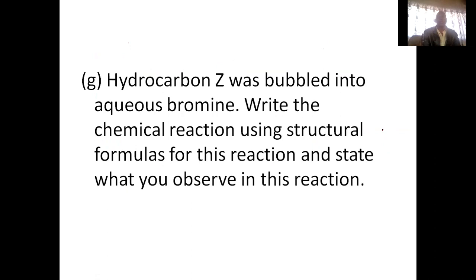So, number G, hydrocarbon Z was bubbled in aqueous bromine. Write the chemical reaction using structural formulas for the reaction and state what you observe in this reaction. So similarly, the ethene, we are told to use the structural formulas.